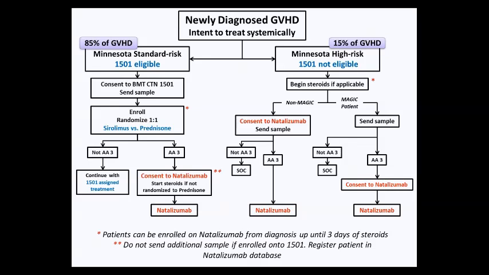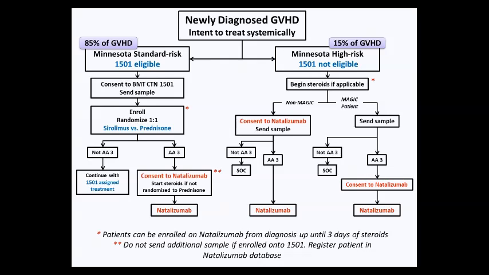Patients who come in on Saturday and Sunday do not go on 1501, period. But they can still be eligible for natalizumab. Only 20% of them will be in Arbor 3. So 80% of the patients who are Minnesota standard risk are going to be in Arbor 1 or 2.